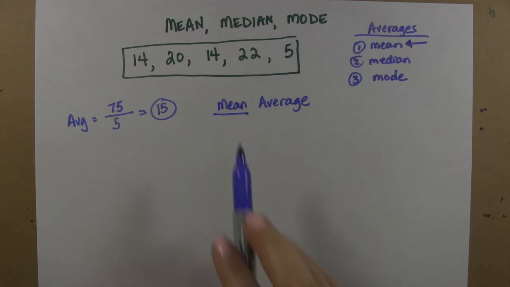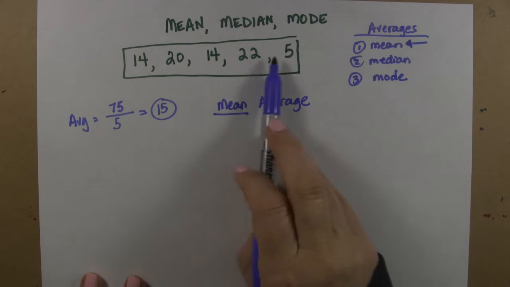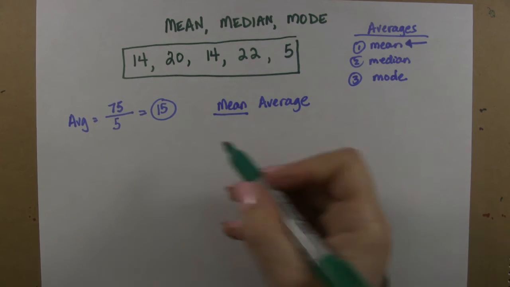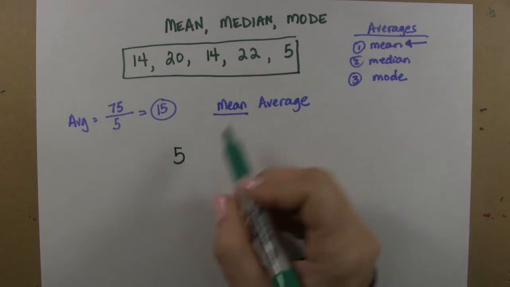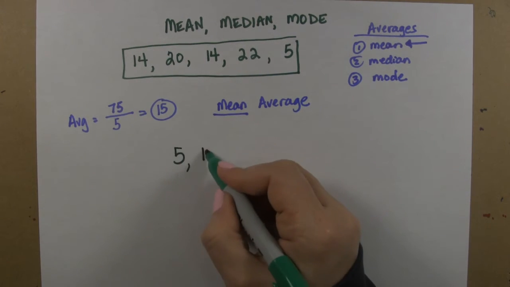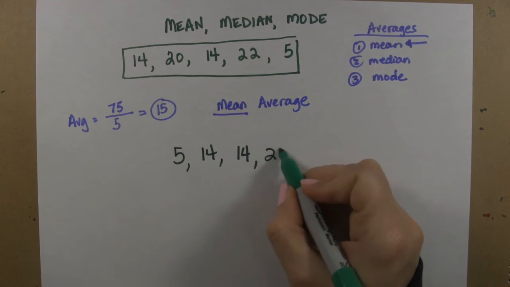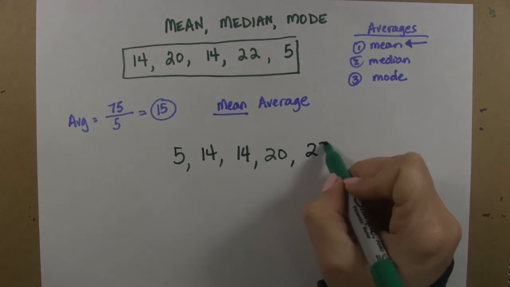All right, so for the mean average, you add them all up, you divide by the number of terms, you get a number. For the median average, what you have to do is put your terms in numerical order. So 5 is the smallest, and then I have a 14, and I have another 14, and I have a 20, and I have a 22.